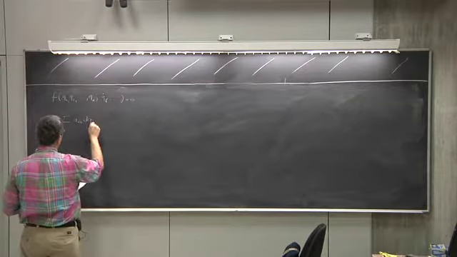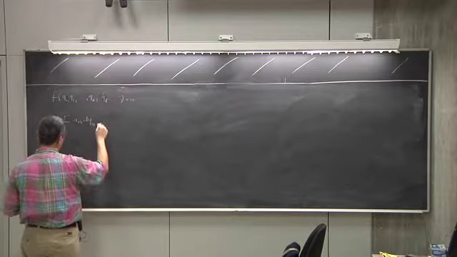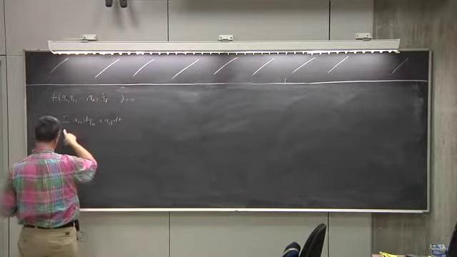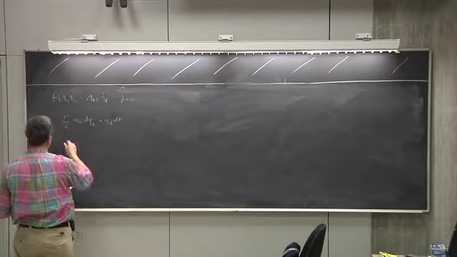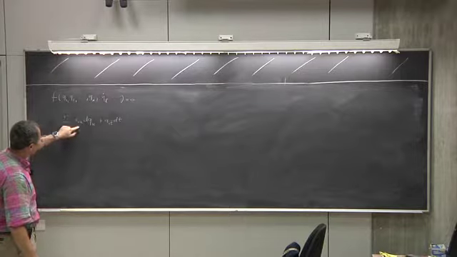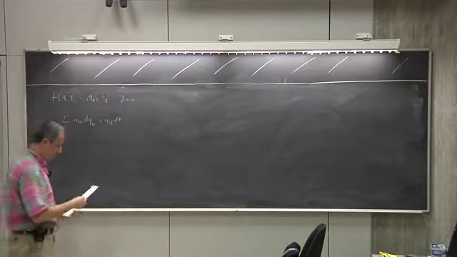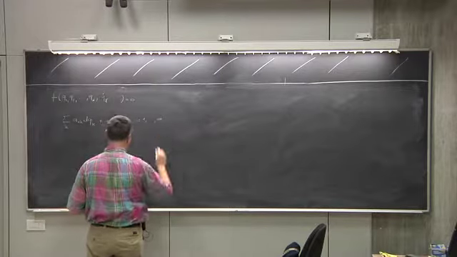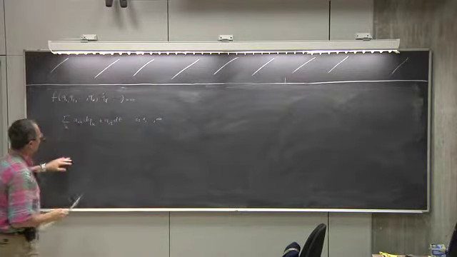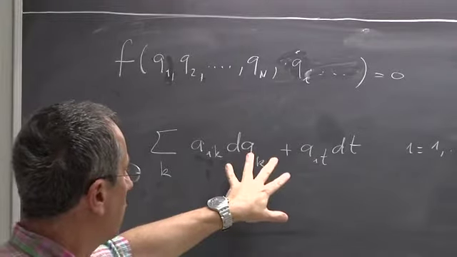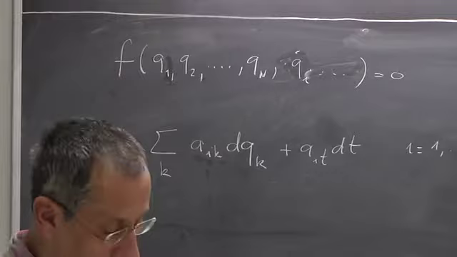And here you have differentials of your generalized coordinates, and maybe you also have the time, okay? So here you are supposed to sum over k. So i runs from 1 to, I don't know, m, I think, yeah. So you have m equations telling you something about the constraints, and they can be written in this form.